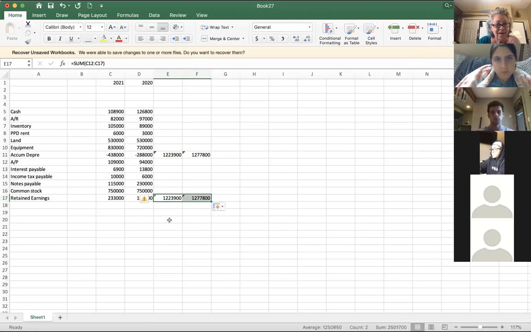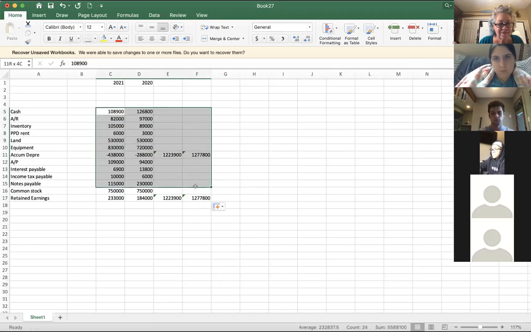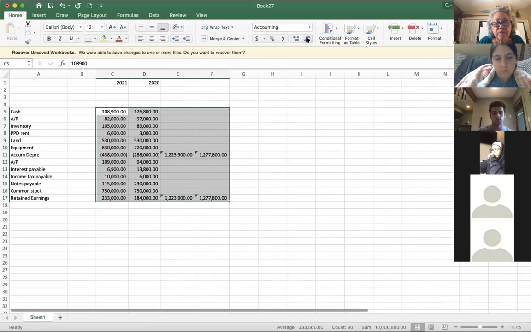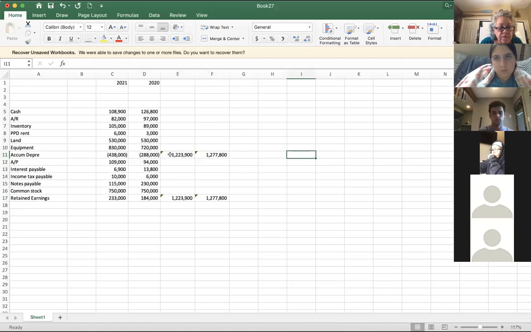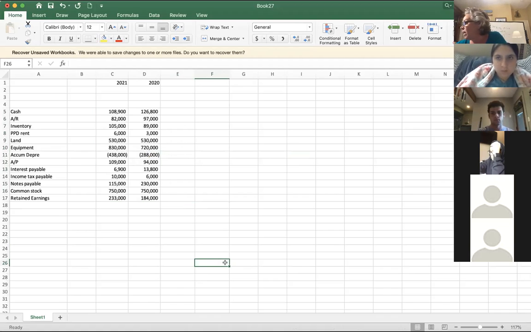And I did, yay for me. All right, so I've got mine entered, and then I just made sure that I balanced, that my total assets equal total liabilities and stockholders' equity.